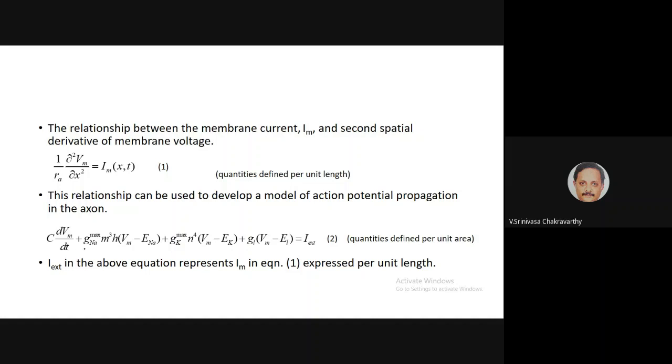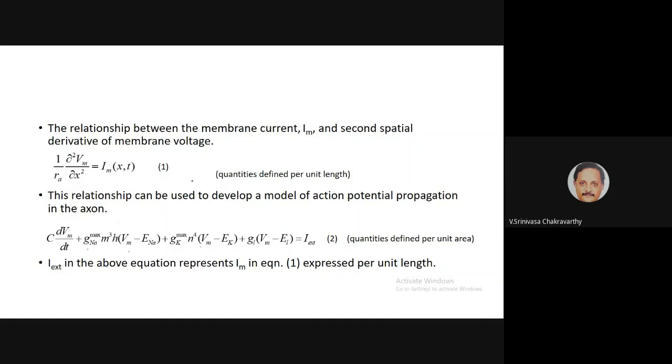All the currents you see on the left side of the equation, the capacitive current, sodium, potassium, leakage, represent the total membrane current going out of the membrane, whereas the membrane current in equation 1 is related to the second derivative, ∂²Vm/∂x². So you need to combine these two. But you cannot directly equate one with the other, because in equation 1 the currents are defined in terms of per unit length.